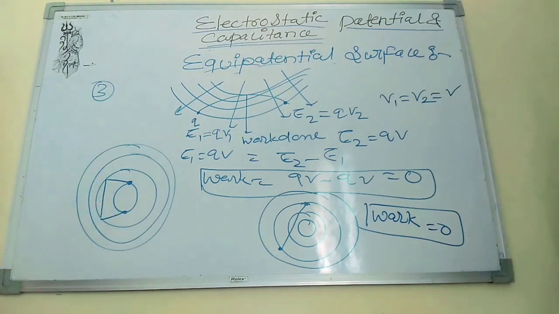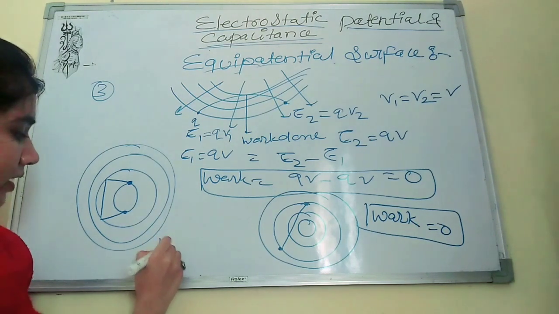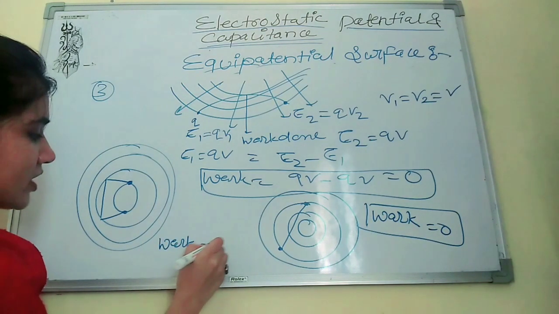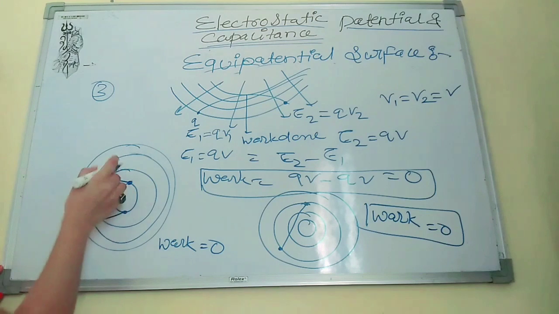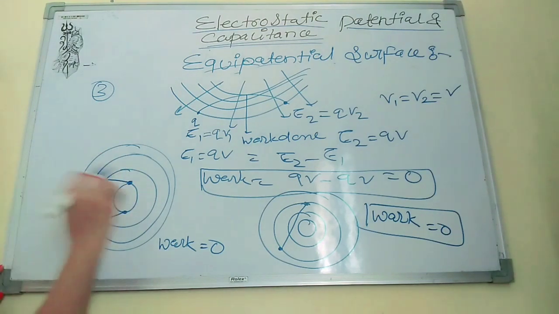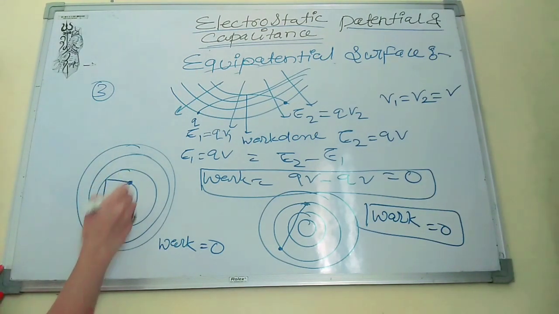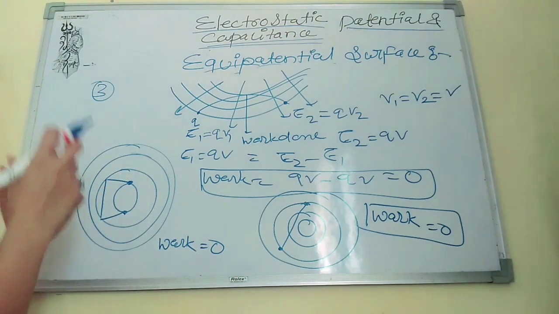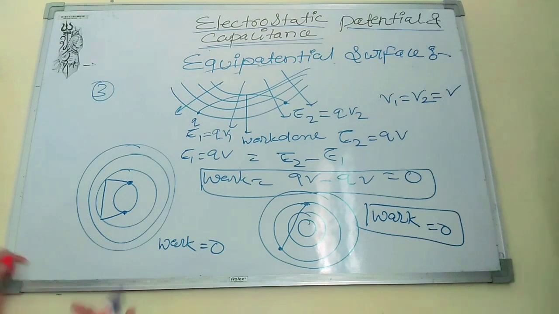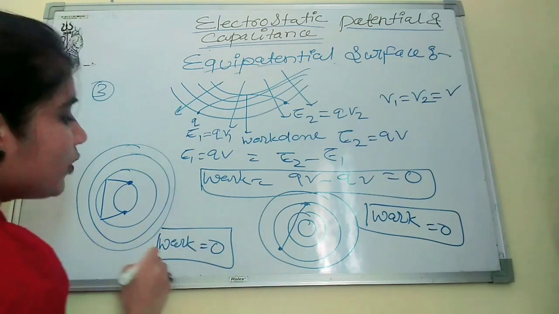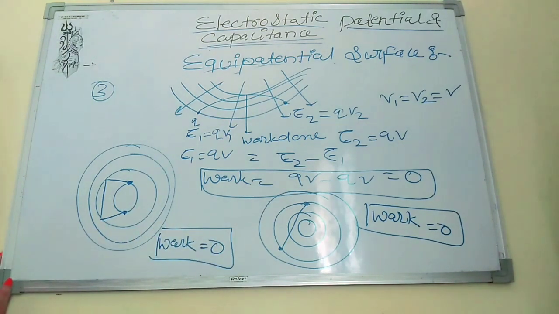So what will be the net work? The net work will be 0, because whatever path we take, we come from this point back to this point, so our initial and final points are on the same equipotential surface. That means the net work will become 0. Is it clear? So this was the third point. Now just take a screenshot.